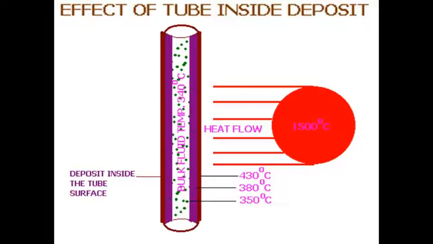So you see how the temperature gradient changes gradually in the process of heat transfer, and how that is affected differently when some impurities come in.